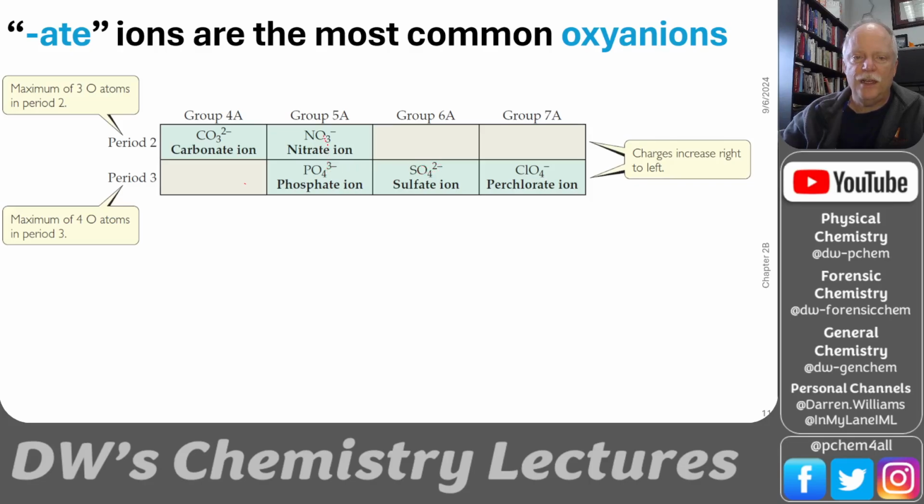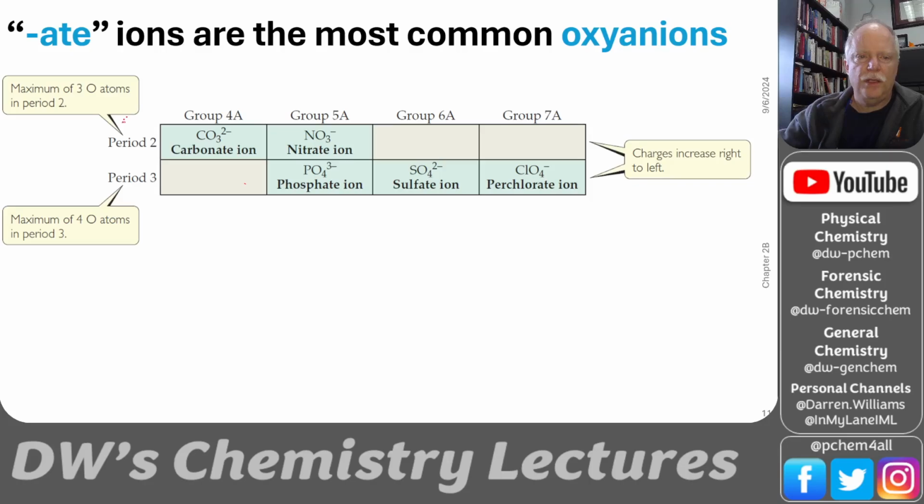The phosphate and nitrate are in group 5A, and phosphate has a -3, so that's on period 3. So these increase 1, 2, 3, going from right to left. The nitrate is a -1, and then the carbonate is to the left of that, so it has a -2. It's just trying to help you understand or memorize the charges on these oxoanions.